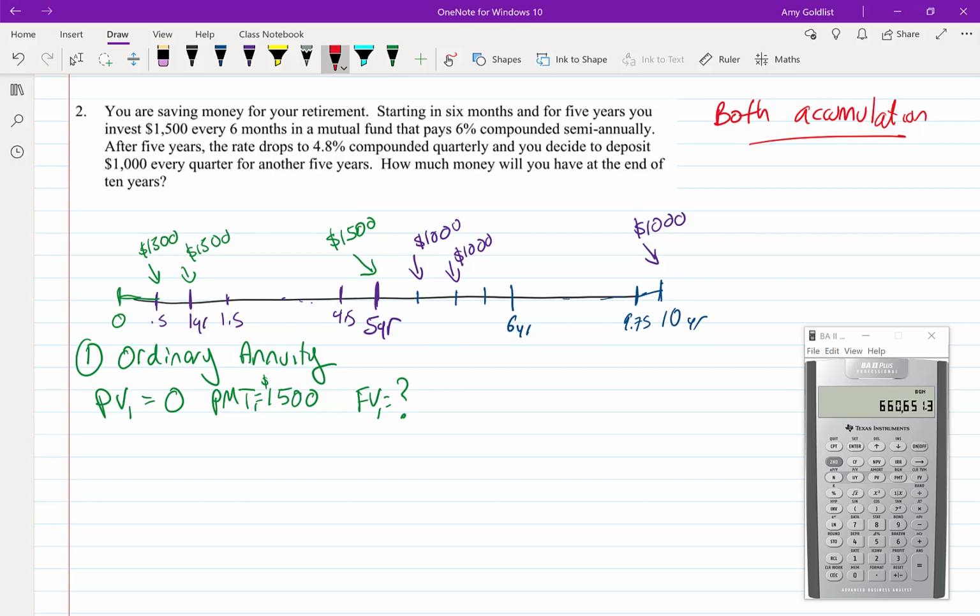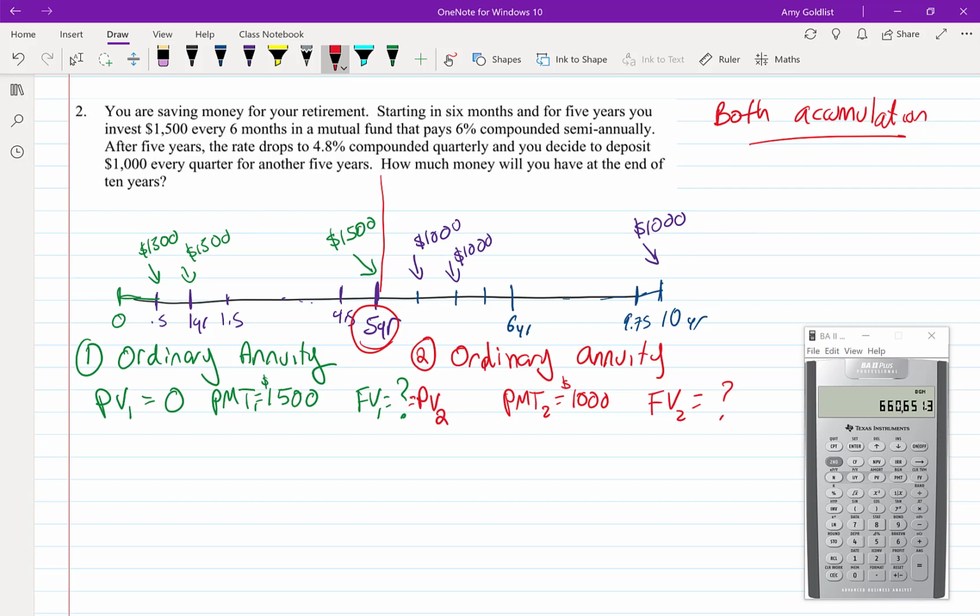Over here, at the beginning of the second 5 years, and this is the important time, we have some money. The present value of that second annuity is equal to the future value of the first, and this is almost always true in back-to-back annuities. Because this one starts at the end of the quarter, it's still an ordinary annuity. Now we have payments of $1,000, and at the end we have money.